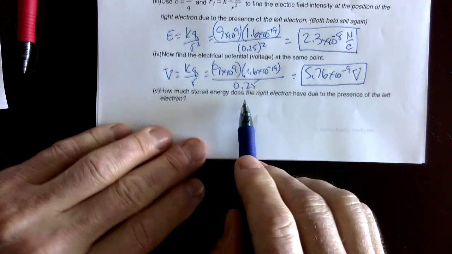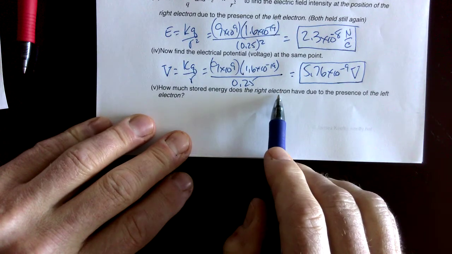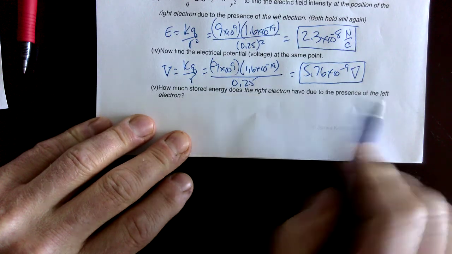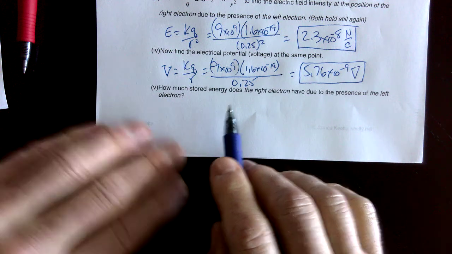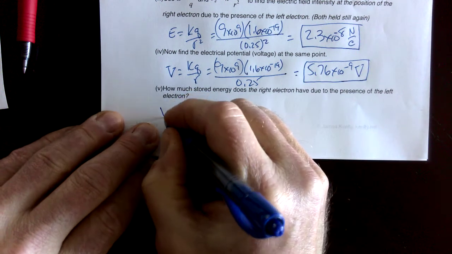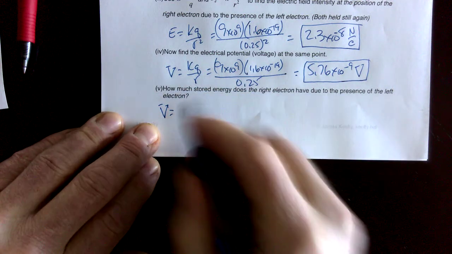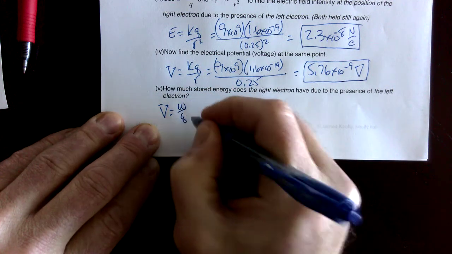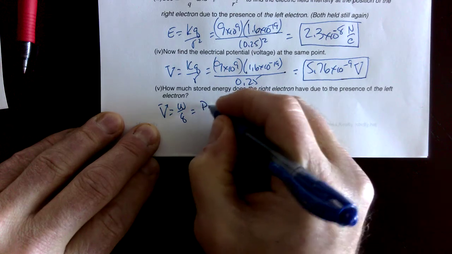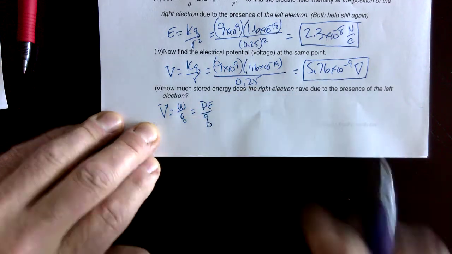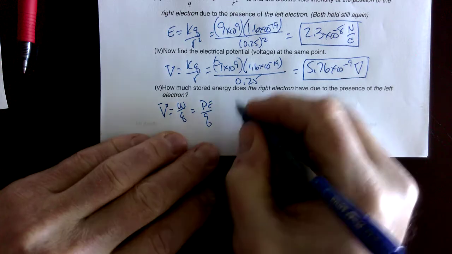How much energy does the right electron have due to the presence of the left? So it's the stored energy of it. Well, since your electrical potential, which we just calculated, equals the work done per charge or the stored energy it has because it's sitting there, I just got to solve that for PE.